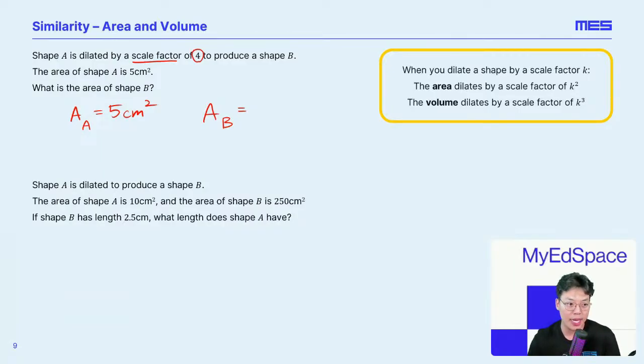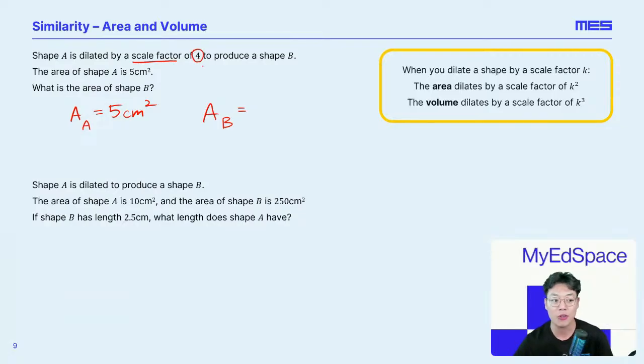What could we multiply the area of shape A by to get to the area of shape B without having to think about what this shape looks like, any other information? We are given all the information that we need to know here. We know that the area of shape A is 5 centimeters squared. Scale factor is 4.